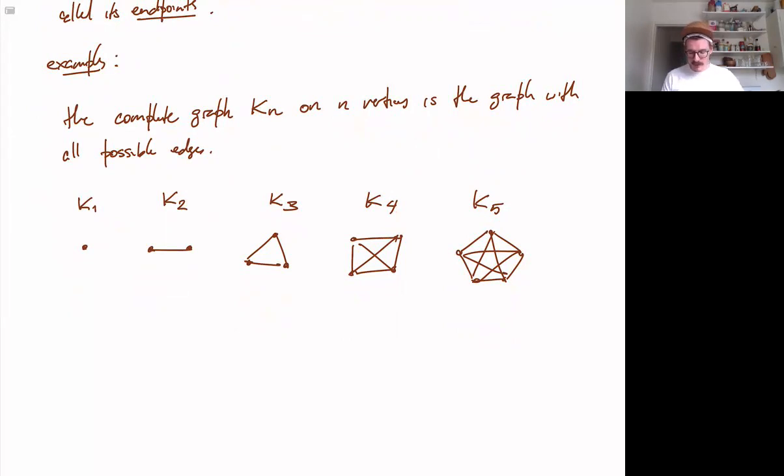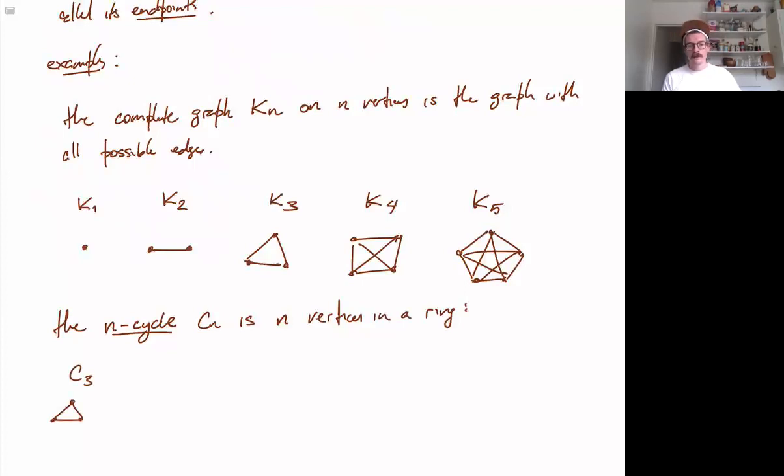Another useful class of examples are n cycles. So the n cycle graph, which is denoted Cn, is n vertices in a cycle or a ring. So let's start it from 3, because with less than 3 vertices, you can't really make a ring.